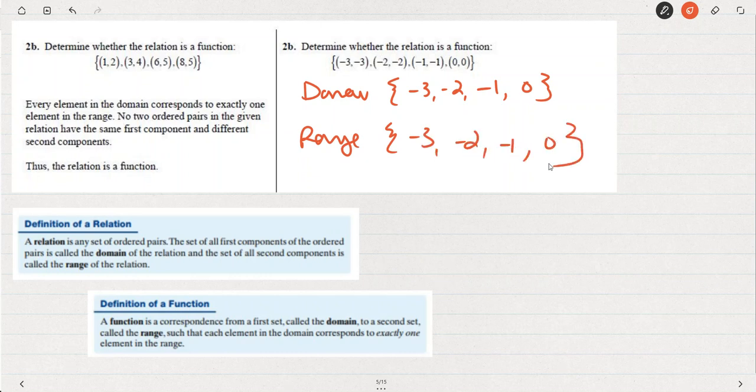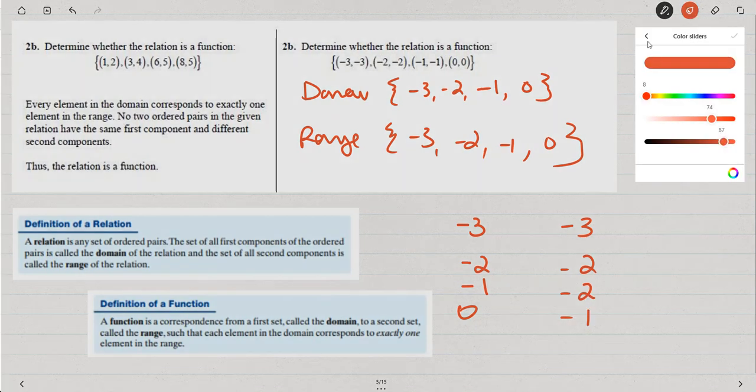Now, the problem isn't that a 0 is both in the domain and the range. That's not a problem. But when I see how these pair up, I can see that a -3 pairs only to a -3, and the -2 pairs only to a -2, and so on.